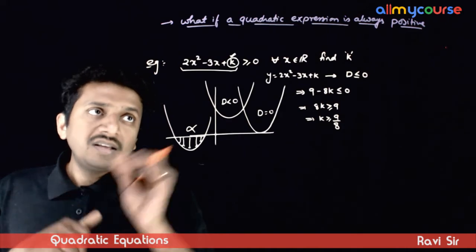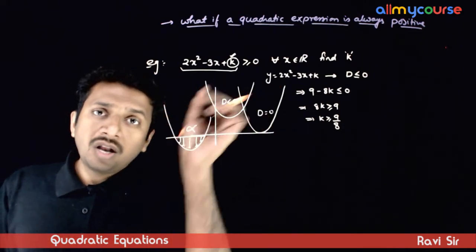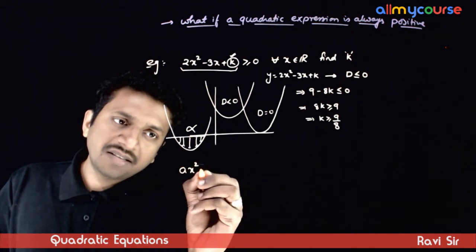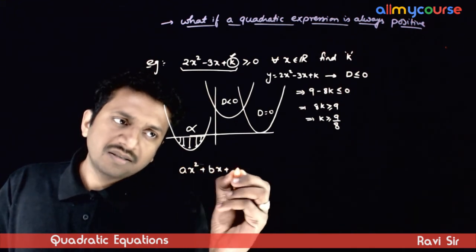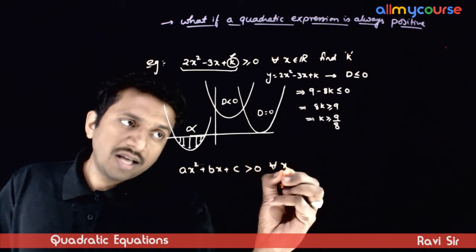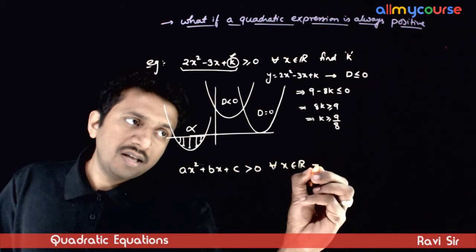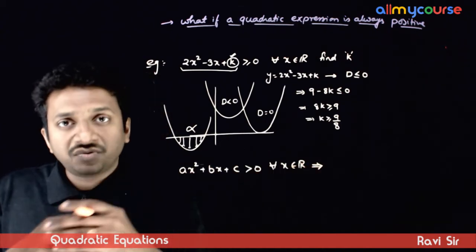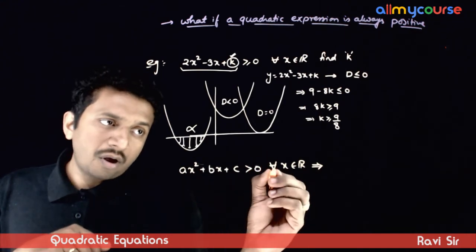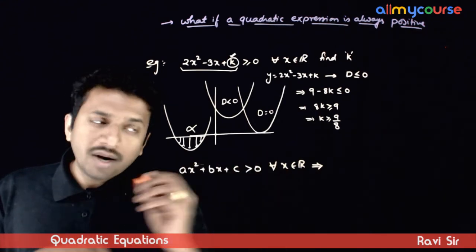So in this way, if an expression ax square plus bx plus c is always greater than 0 for all x belongs to real numbers, then what is the condition which will apply? If an expression is greater than 0 for all x belongs to R, there are two conditions.